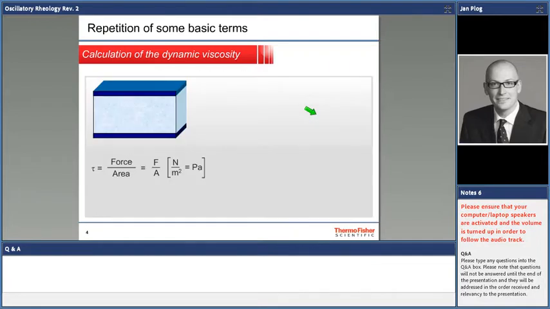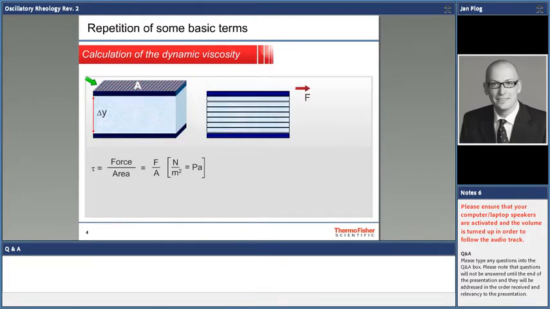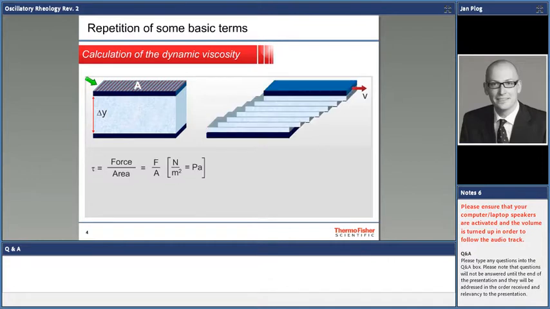Where do those parameters come from? Let's have a quick glance here at the basic two-plate model again. That might be familiar to some of you. When you have a fluid confined between a stationary and a movable plate, it can be the rheometer, it can be some other kind of flow field that your product sees in its life cycle. You can apply a certain force on the movable plate, and this will form a laminar flow field.